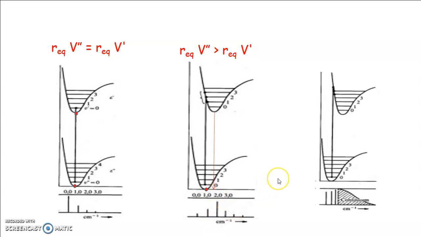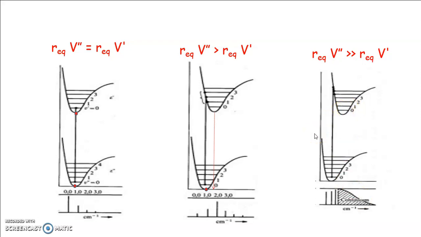There is a third case that the R equilibrium of V single prime is much higher than V double prime. There would be a transition that is very close to the dissociation limit. In this case, the molecule may dissociate and result in a continuum in the spectrum. There will be no spectral line, only a continuum will be obtained as the molecule gets dissociated.